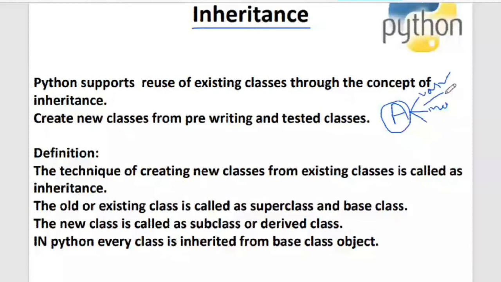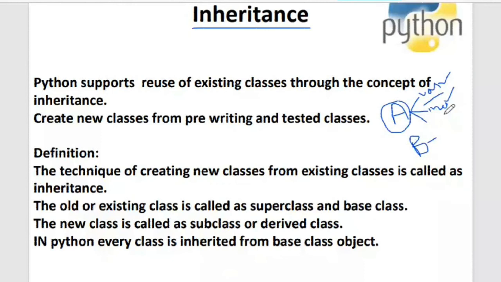Now say I'm having another class B, and this B class is independent of A. B class will have its own variables, data members, and its own functions. Now say, for example, this class B wants the variables of class A, or it wants the functions, meaning the methods that class A is having.